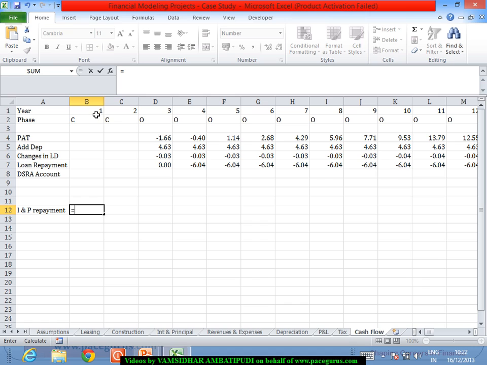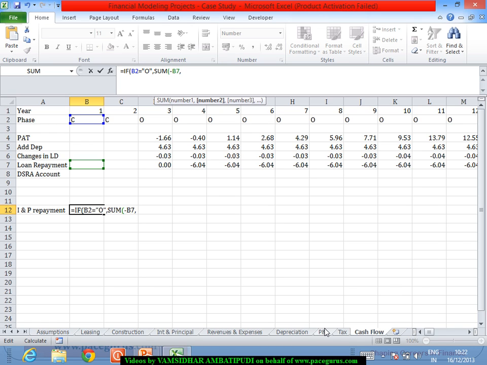So logically speaking, I am putting up a simple condition: if this is equal to 0, I am doing the summation of the principal, or probably the summation of the negative principal, and interest.